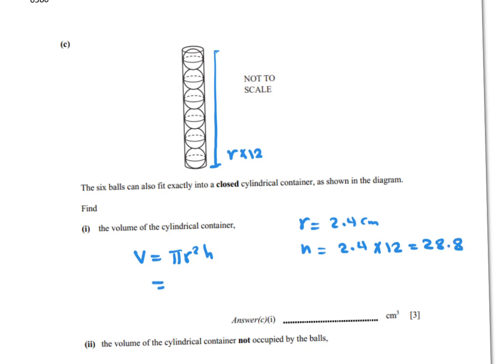Now the volume is π times 2.4 squared times 28.8. The answer is 521.2, to 1 decimal place.